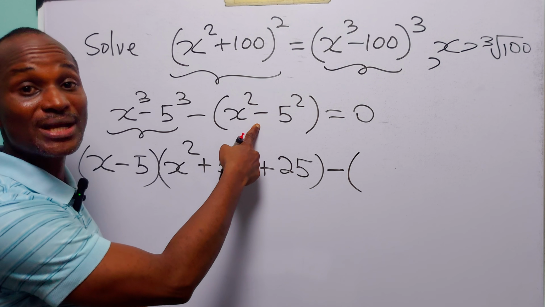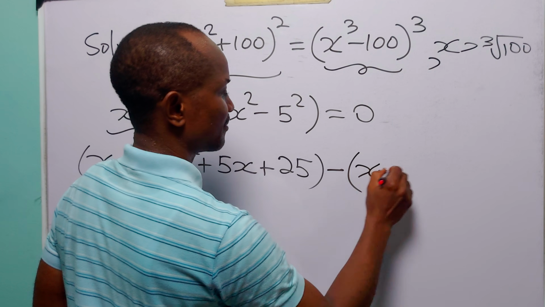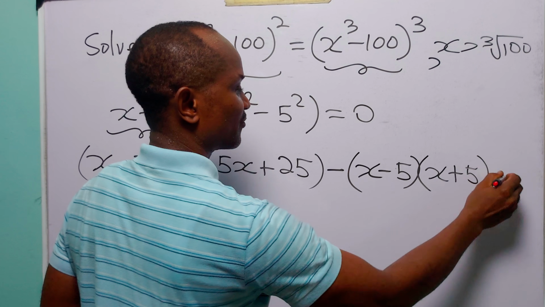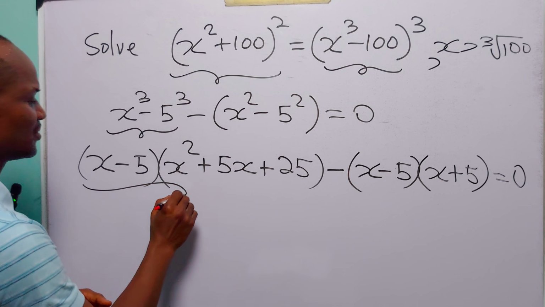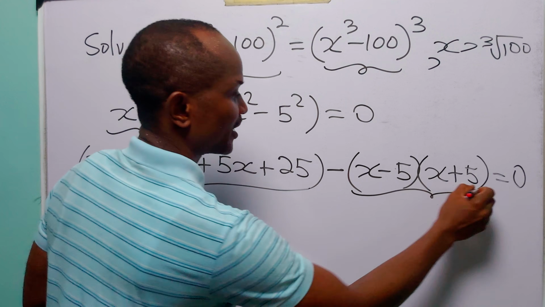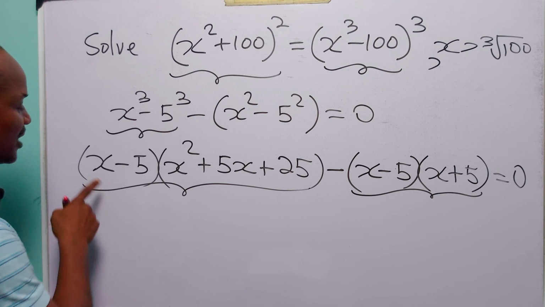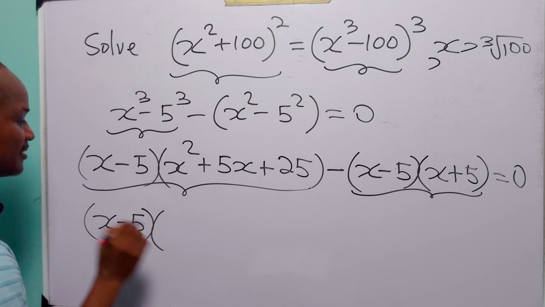Of course, you know that we can factorize the difference of two squares as x minus 5 multiplied by x plus 5. And of course, everything is still equal to 0. Now, when you look at these two terms, you're going to see a common factor, which is x minus 5.